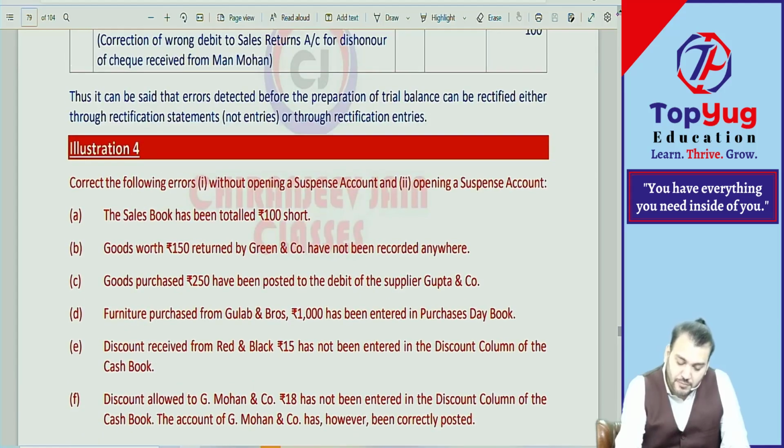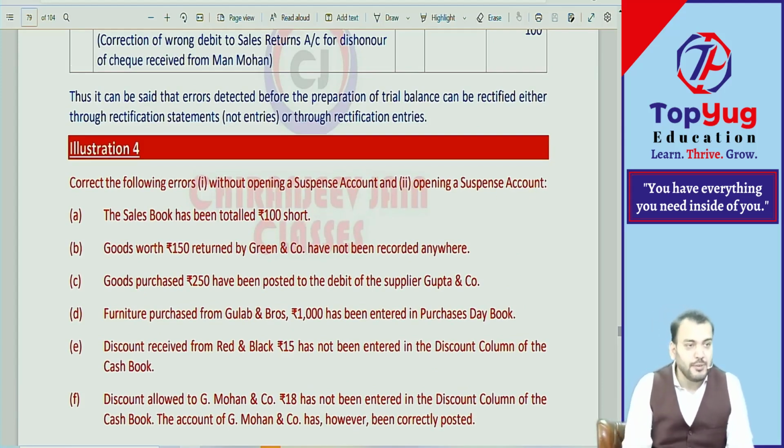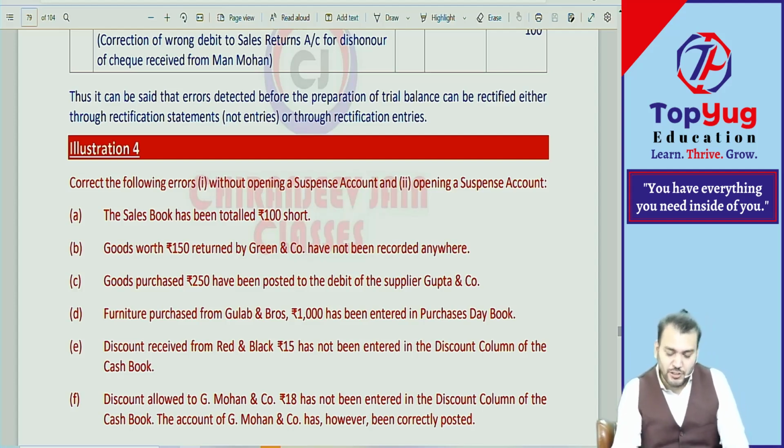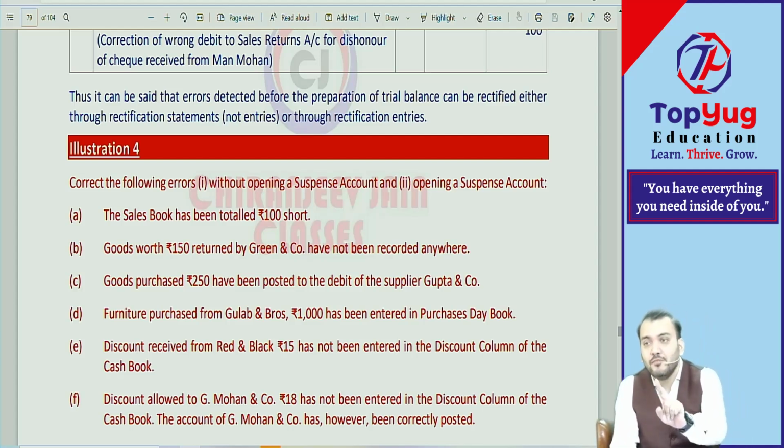Without opening a suspense account means first stage. With opening a suspense account means second stage. With opening we have done. Without opening, you do by your own. The first stage normally they don't ask in exam, but you can do it by your own. Already we have done some questions like this, so practice.